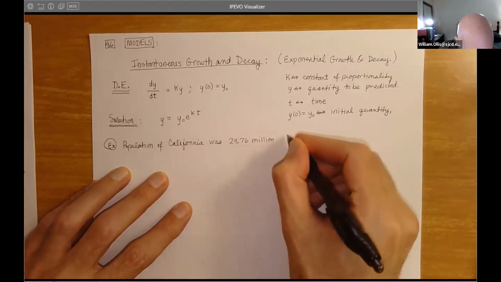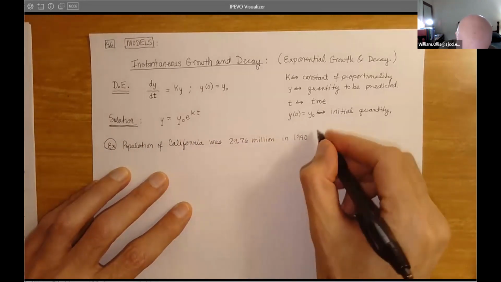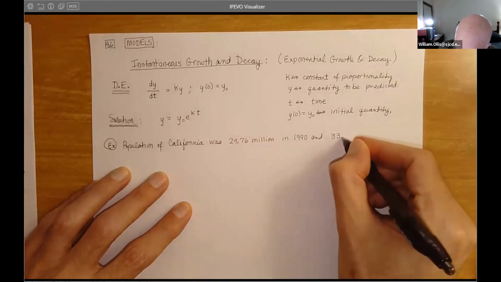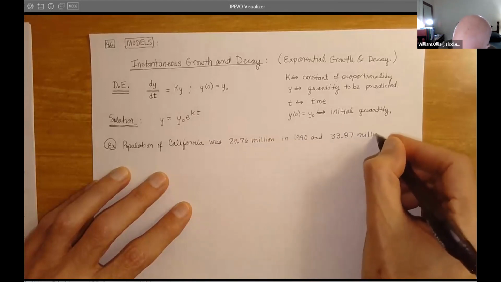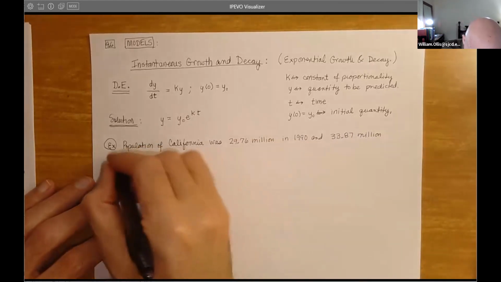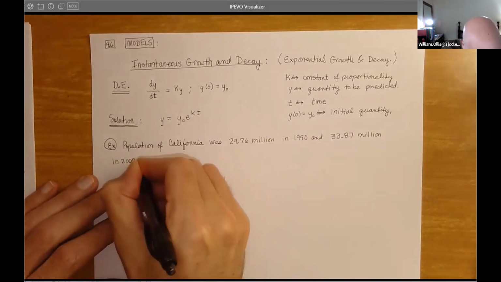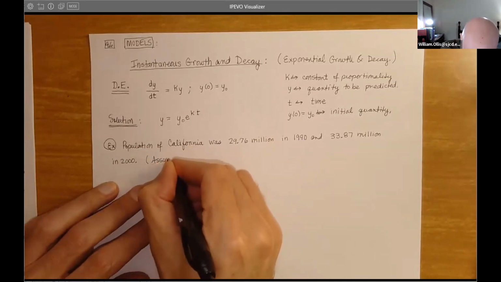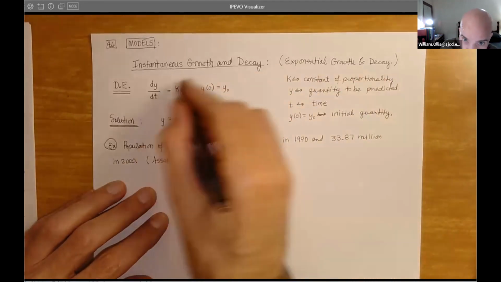We take this as exact in 1990. And 33.87 million in 2000. And here the problem says, assume exponential growth, this model here.